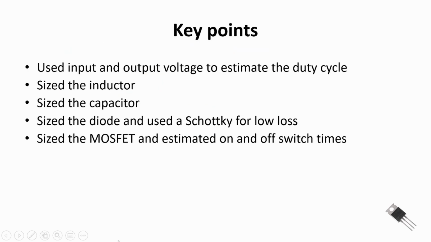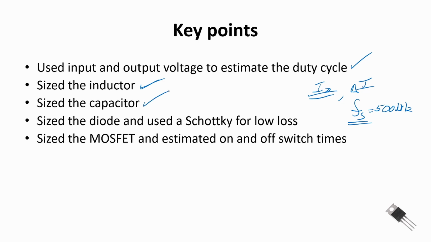So let's recap what we did in this video. We used the input-output voltages to estimate the duty cycle. We used the output voltage and the output power requirements to estimate the output current. That output current I sub 0 and an assumed delta I, which I assumed to be around 20%, was used along with an assumed switching frequency, again, I assumed a 500 kilohertz switching frequency, to size the inductor.